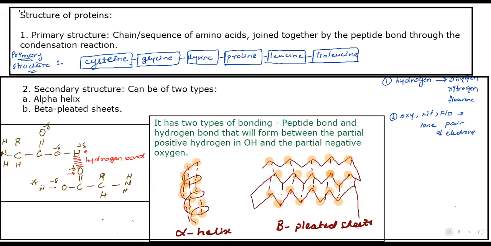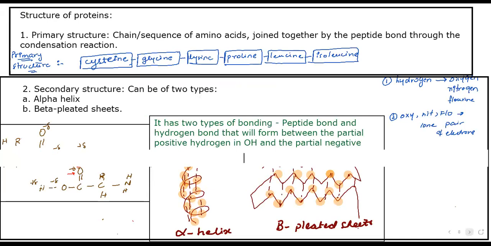Okay. Now, after this, I can have the third level of folding, which we call tertiary structure. Our secondary structure, by the way, is also a 3D structure.